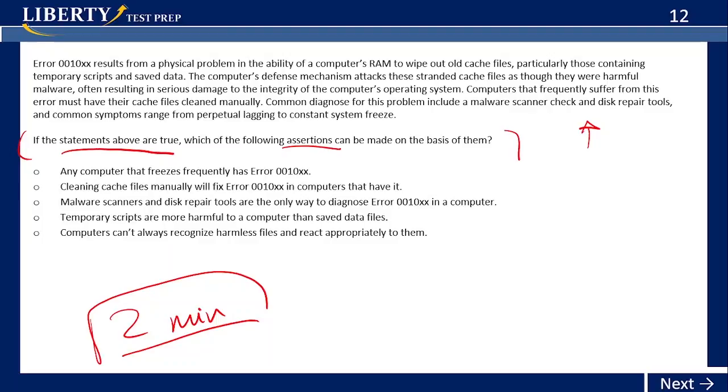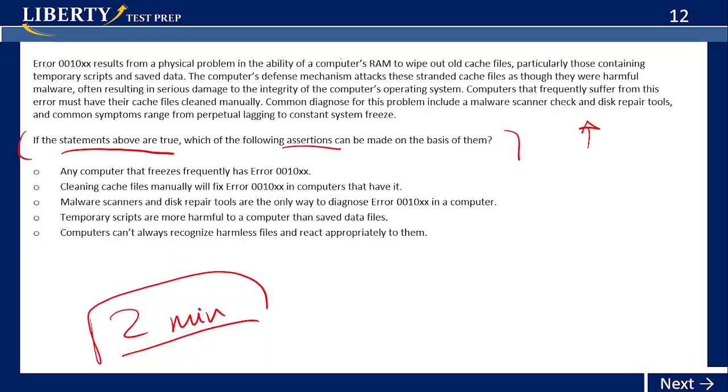Okay. Error. This error results from a physical problem in the ability of a computer's RAM to wipe out old cache files. Particularly those containing temporary scripts and saved data. The computer's defense mechanism attacks these stranded cache files as though they were harmful malware, often resulting in serious damage to the integrity of the computer's operating system.